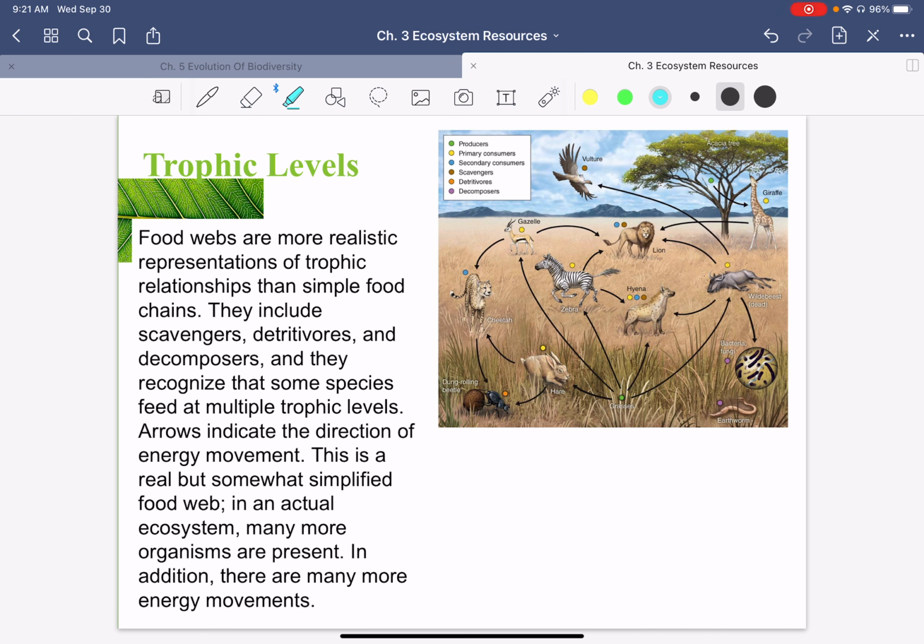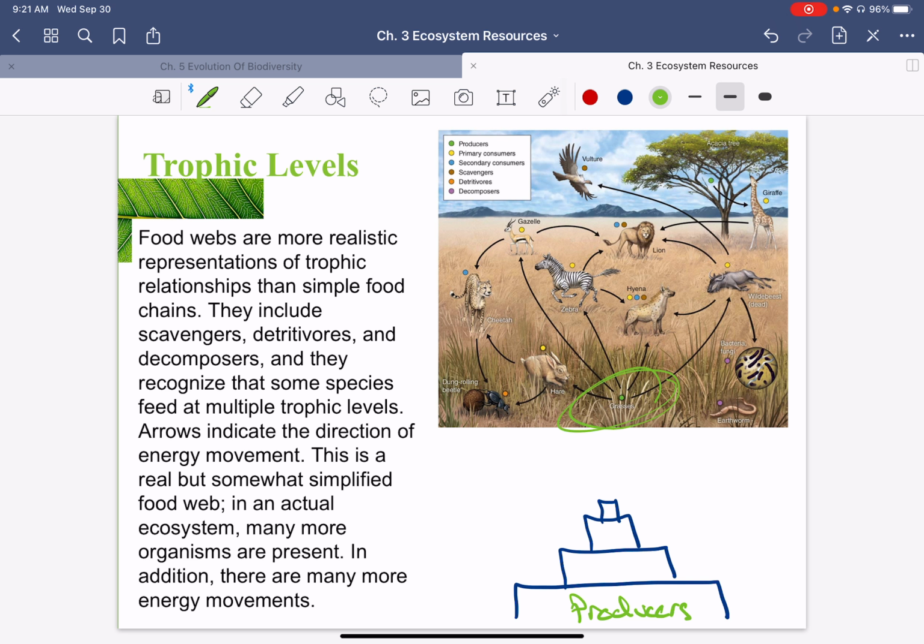All right, so when we look at trophic levels, I'm kind of going to draw this one out here. You probably remember a trophic pyramid where the producers are the things that are at the very base of that trophic pyramid, the grasses, the photosynthesizers.